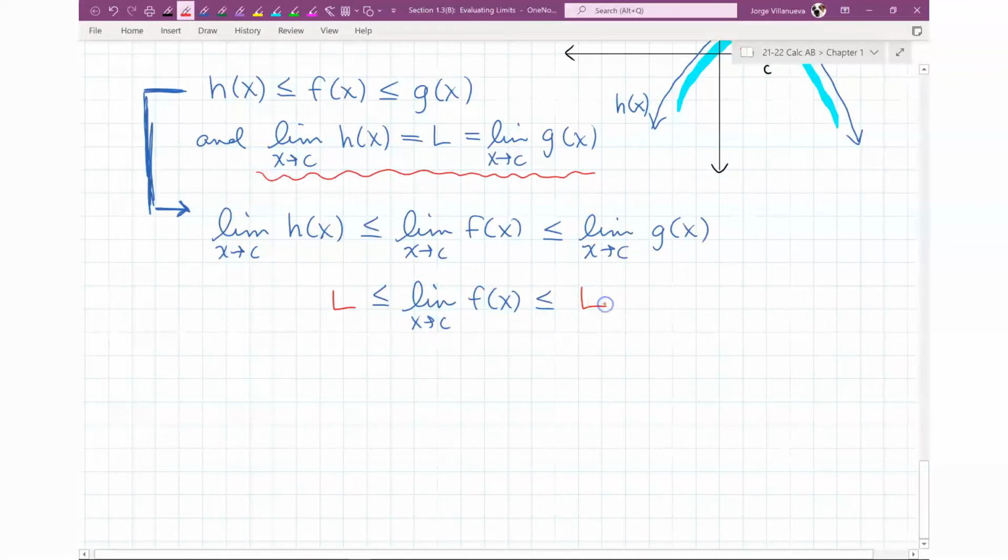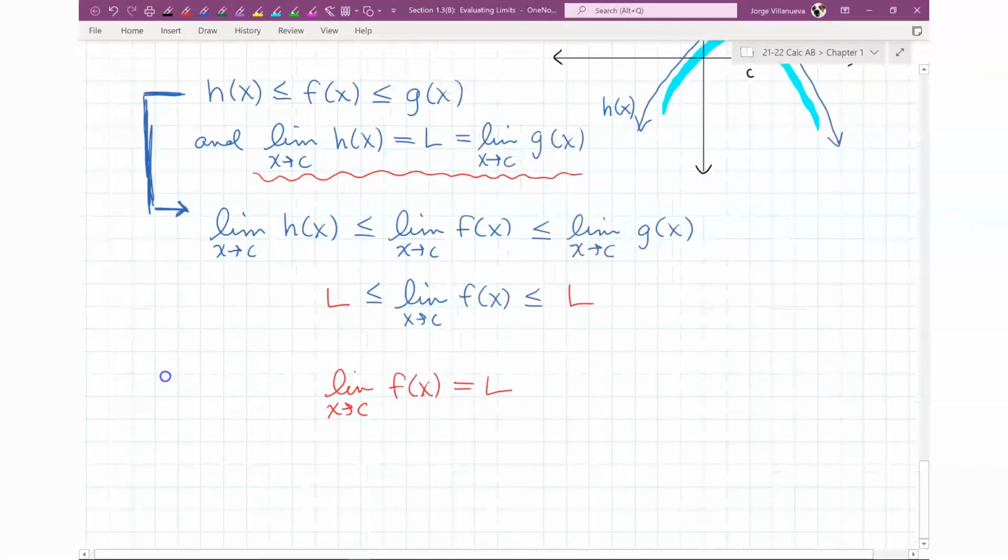L. So if the limit as x approaches c of f of x has to be bigger than or equal to L, or less than or equal to L, then what's its only option? Yeah, so the only option for f of x is to take an L, right? So the limit as x goes to c of f of x must be equal to L. It got squeezed. It has no choice, right? It got bullied into being a specific value, not a function.